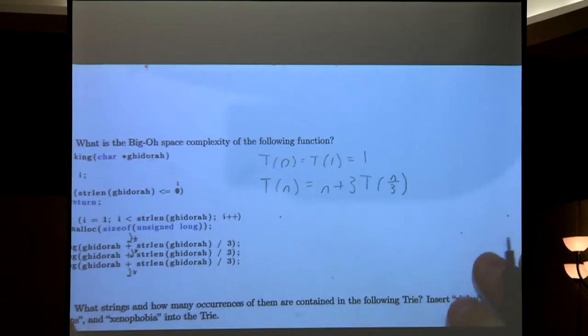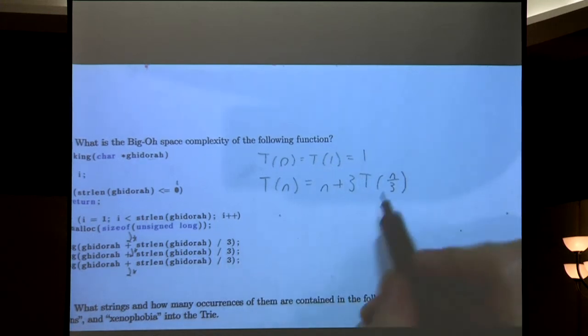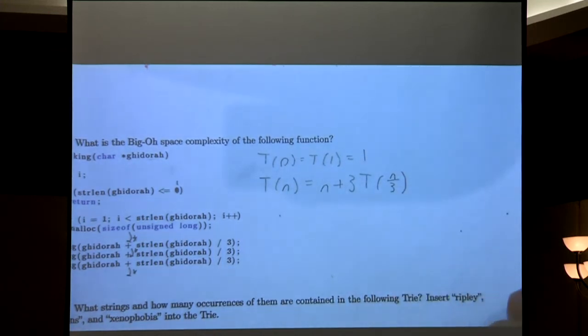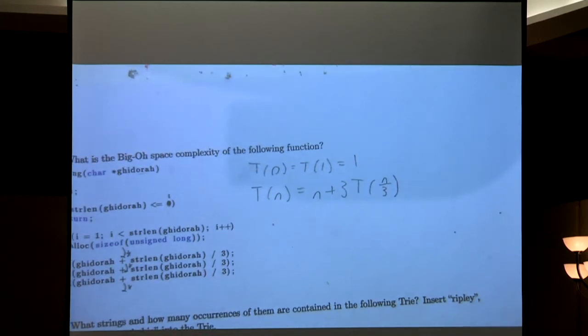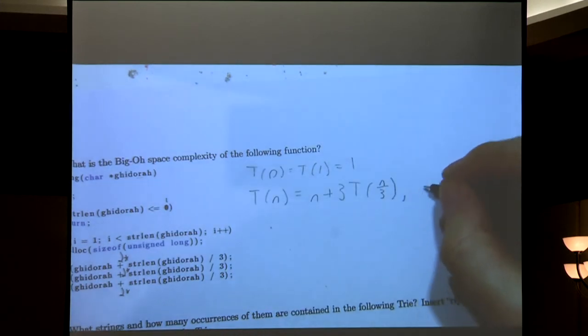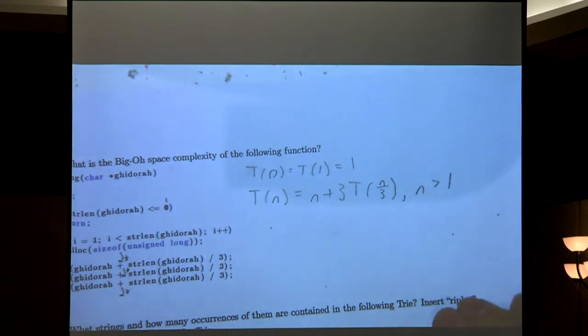Good catch. Okay. So if it's 2 times string length over 3, now this recurrence relation matches. There's still something missing from this recurrence relation. For n greater than 1, you gotta have that.